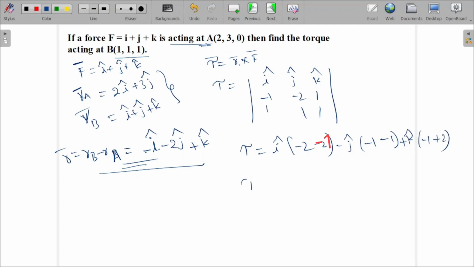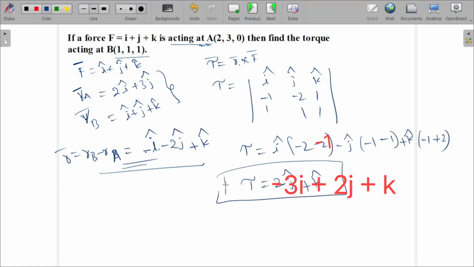So it is tau equals i cap is 0, plus 2 j cap, plus k cap. So this is the torque which is acting at that point.